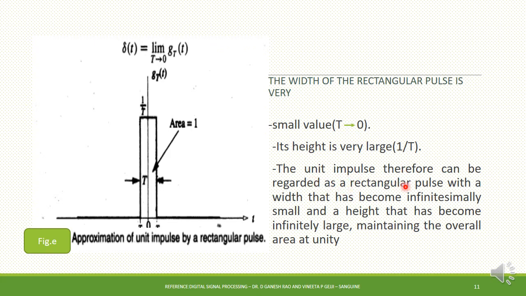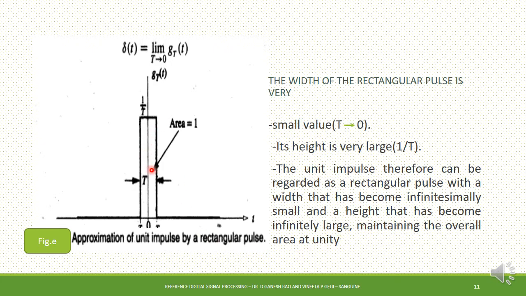The unit impulse can therefore be regarded as a rectangular pulse with a width that has become infinitesimally small and a height that has become infinitely large, maintaining the overall area at unity.